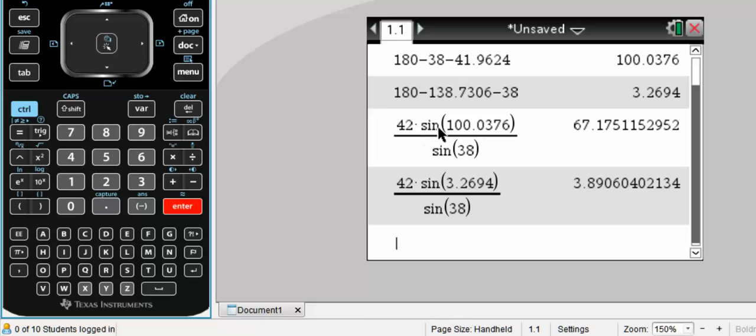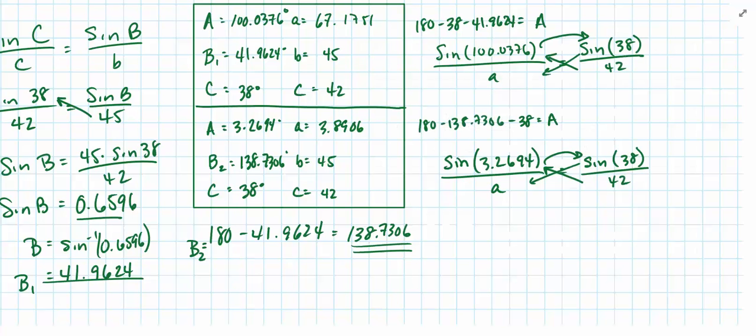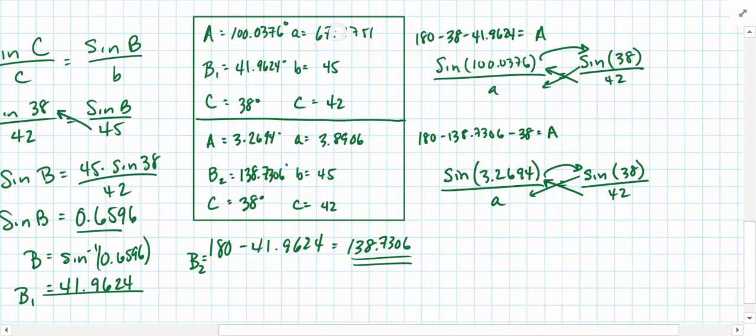And having entered those calculations into the calculator, I see that the side length A in the first case would be 67.1751 units in length, and for the second case we'd have a side length of 3.8906 units. And there you have it, side length A in two different cases.